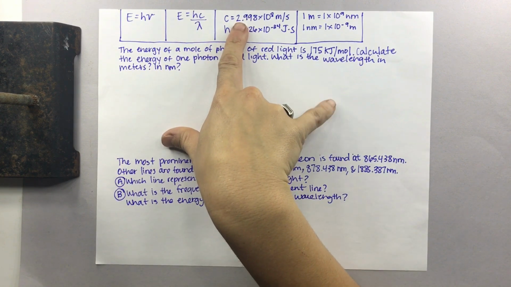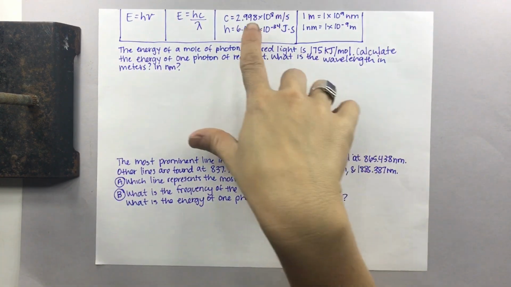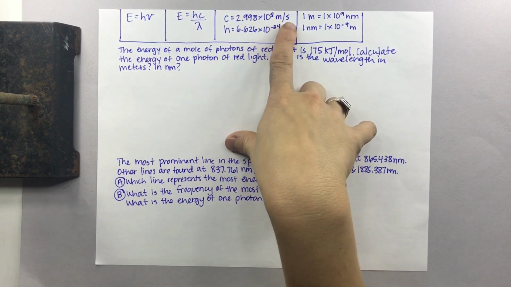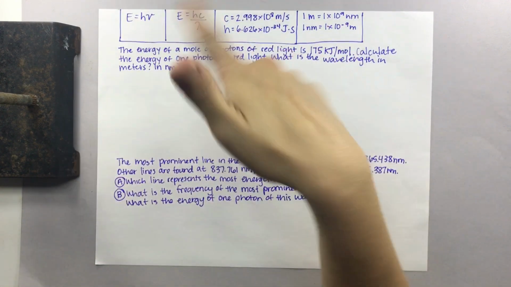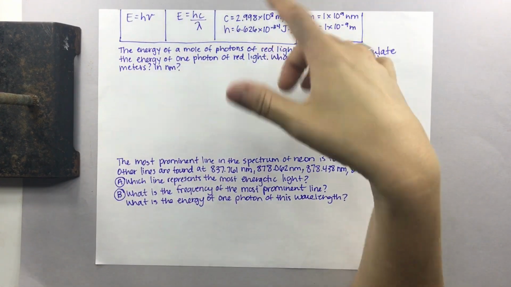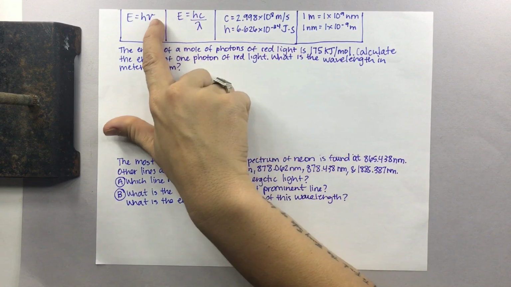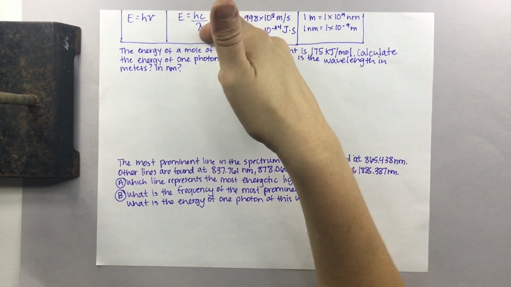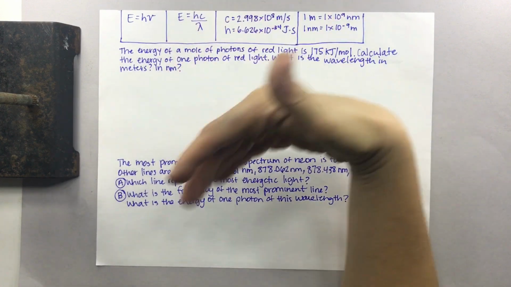In most of my equations, I'm going to use 3 times 10 to the 8th, just the rounded version of this, meters divided by seconds. Why I would use this one over this one depends on what the question provides you. This is just a manipulation of the first because we know that frequency is equivalent to speed of light divided by wavelength. Makes sense? So it depends on what the problem gives us.